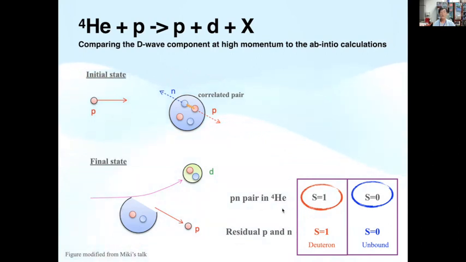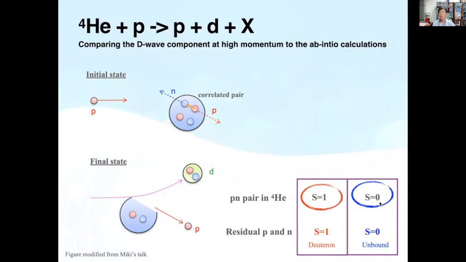So if you pick up a neutron from an S equal 1 state, the residual nucleus can be a bound state. Now, if you pick up a neutron from an S equal 0 pair, this doesn't have any tensor interaction.